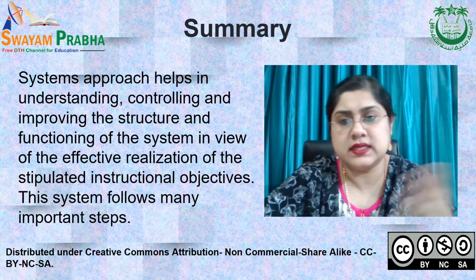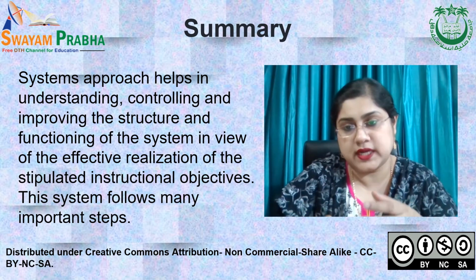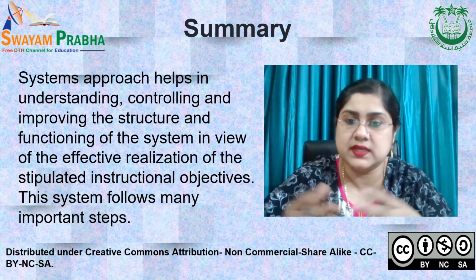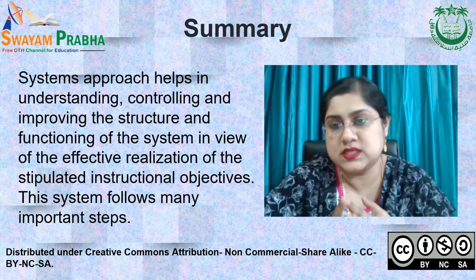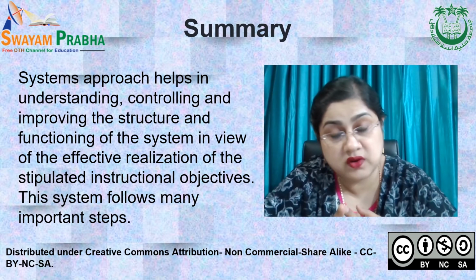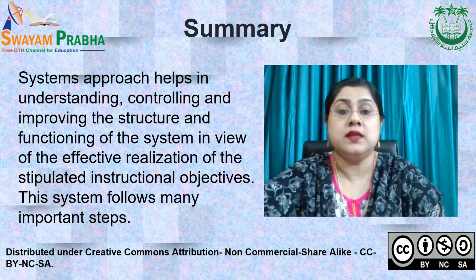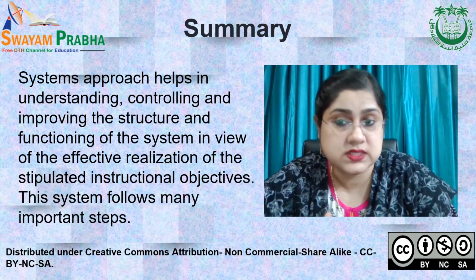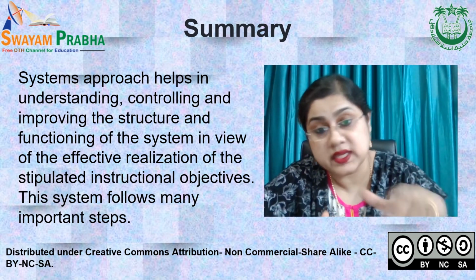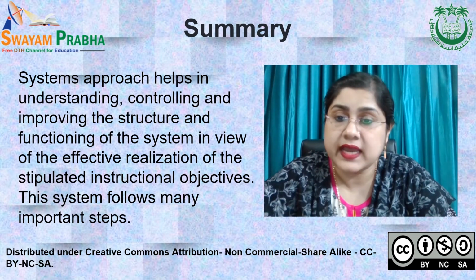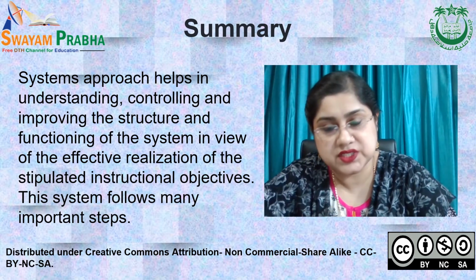We have also seen that there are three major steps, but once we go ahead and try to know more, we see that various researchers have given six major steps. The six major steps involved in the implementation of the systems approach in the instructional process are: first, the formulation of the instructional objectives; then the pre-assessment of student entering behavior, or the entry behavior; then designing and development of the system; and after that the operation or implementation phase.